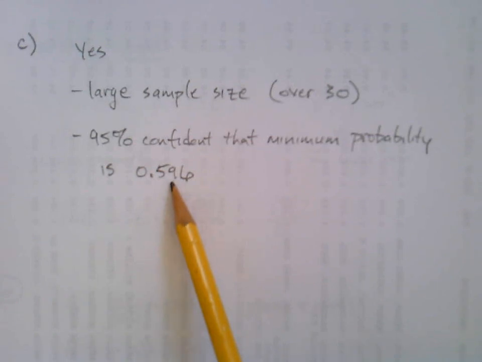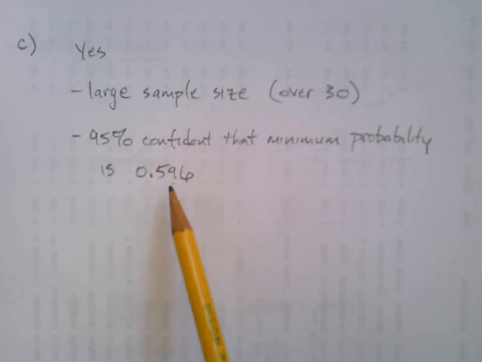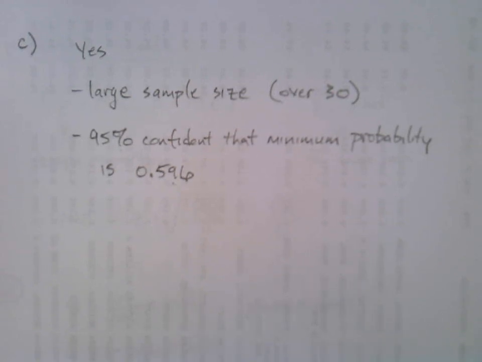Just shy of 60%. It's possible, although not likely, that the actual population average once people start buying this is a little bit lower. Okay, and it's possible, but not very possible. It's like 2.5% that it's lower than this, 2.5% that it's above their 0.8.